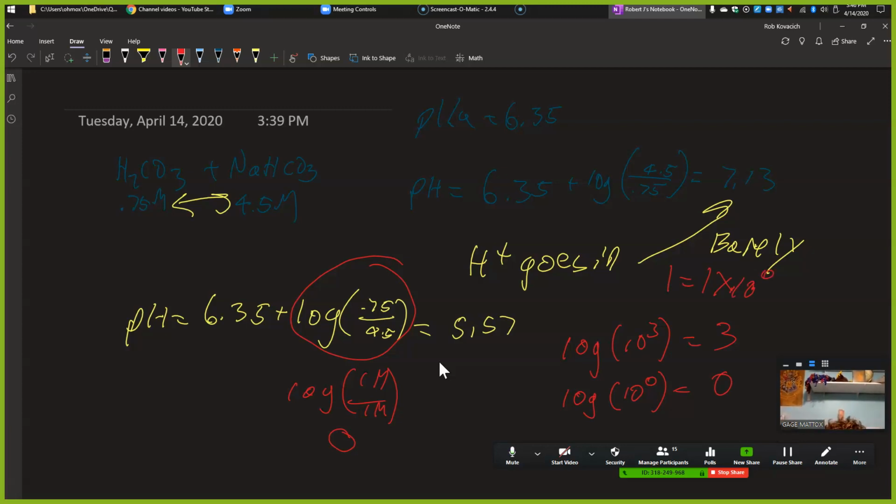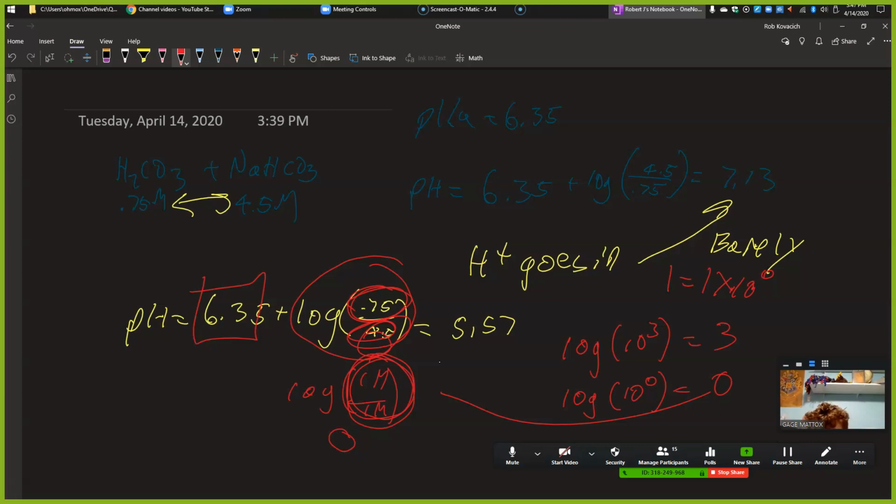We okay with that? Yes. This right here is 1 times 10 to the 0, so my answer is 0. So if I make my base and my acid concentrations the same, then it buffers at a pH of whatever the pKa is. So then what I can do as the user is I can increase and decrease the acid and base ratios until I get to the pH that I want to buffer at. Does that make sense?